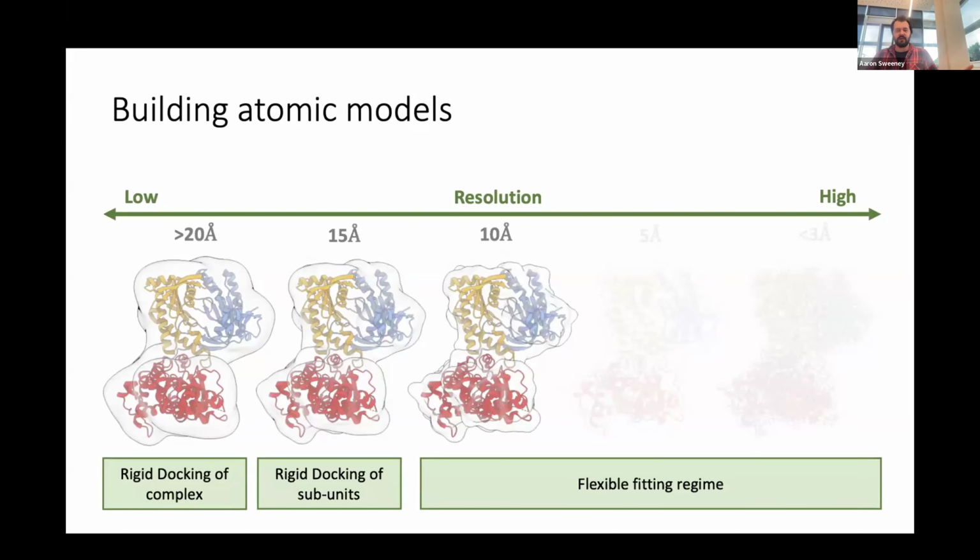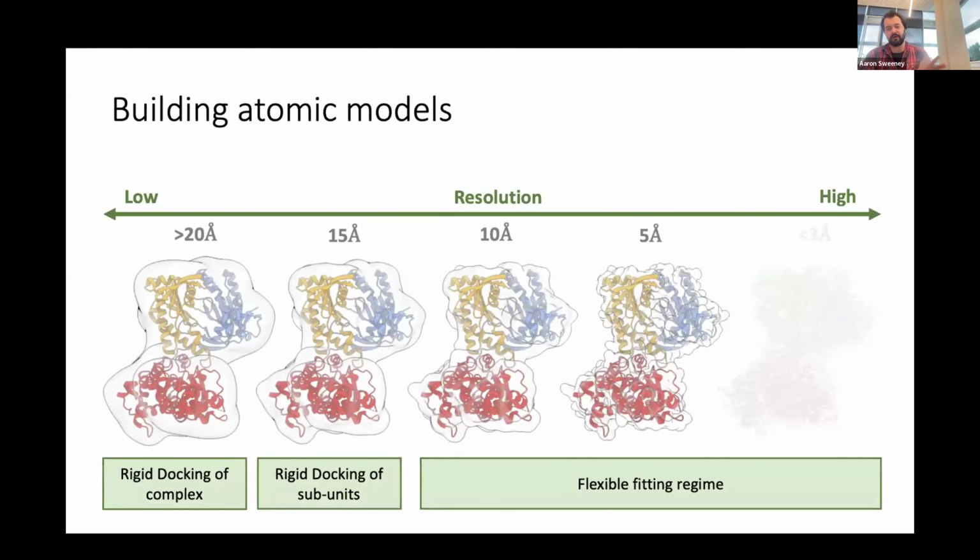And at the sort of intermediate resolution range, so better than 10 angstroms, we can apply what's often called flexible fitting. So the idea here is that we treat the protein or the nucleic acid as something flexible, and we can actually adjust the positions of the alpha helices, the beta sheets, maybe even the residues at higher resolutions.